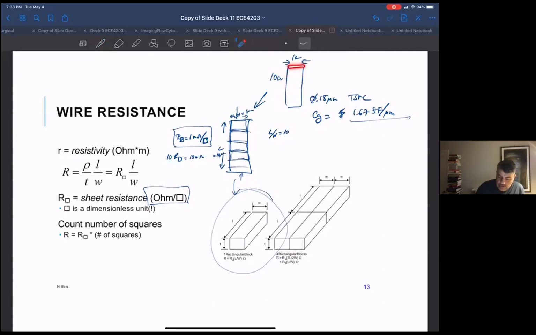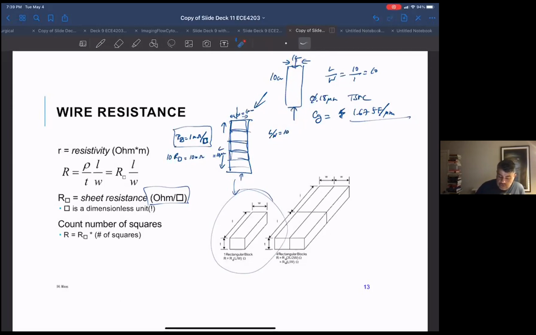A square would have one dimension being the width and the other dimension also the width, and how many of those you can fit. I can fit L over W of 10 over 1, so 10 squares. Well, guess what? The resistance from here to here is exactly the same, because the dimensions have shrunk from both sides by the same factor.